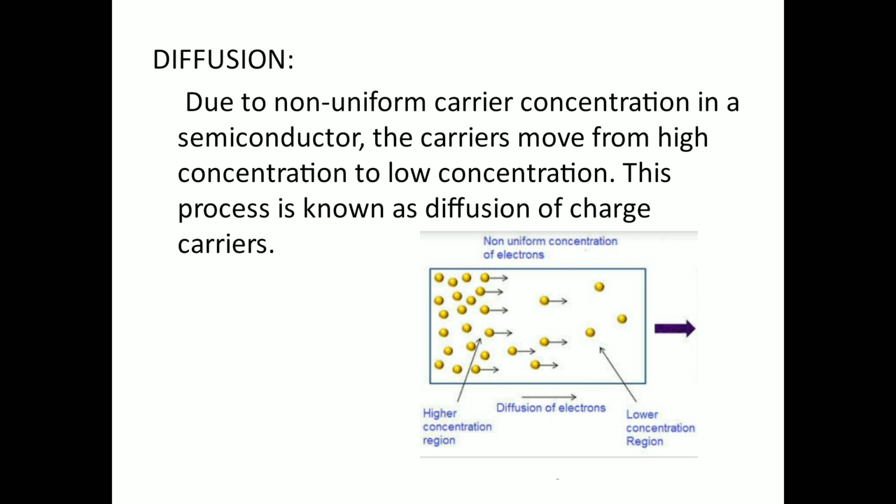This process is known as diffusion of charge carriers. When a semiconductor has non-uniform charge carriers due to doping, the carriers move from high concentration to low concentration. That is also movement of charge carriers, and this process is called diffusion.